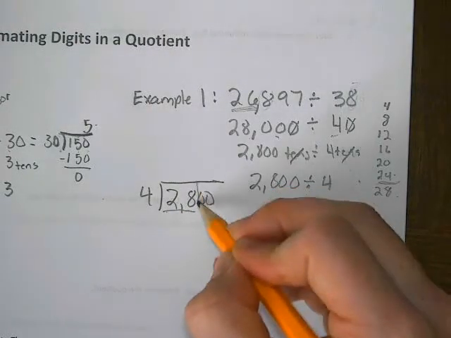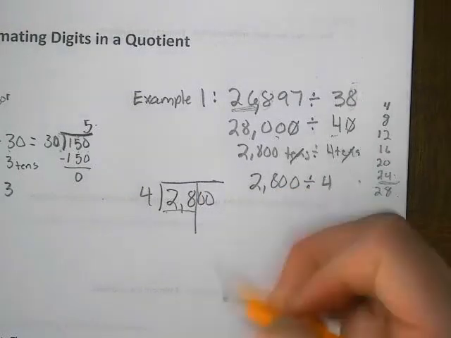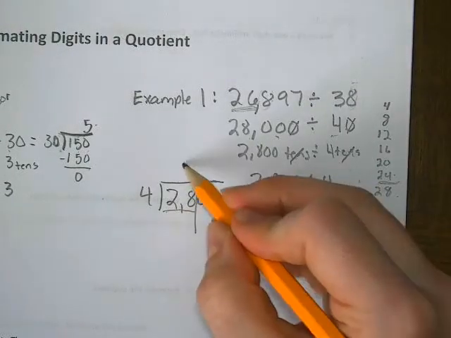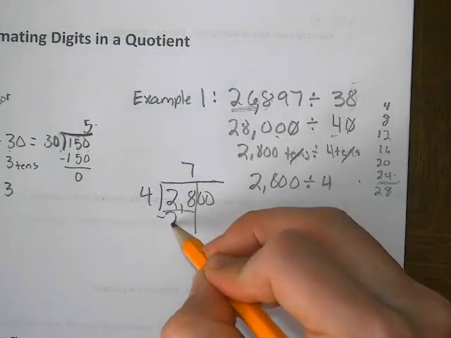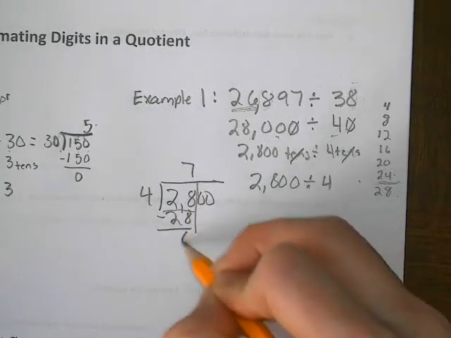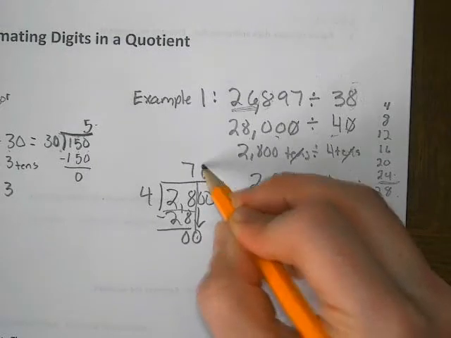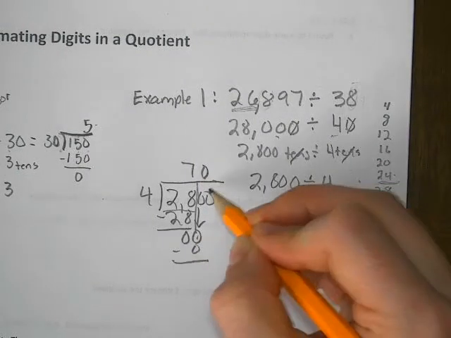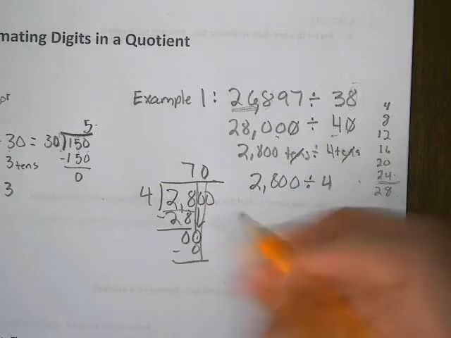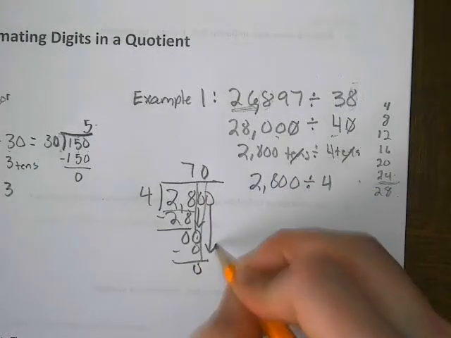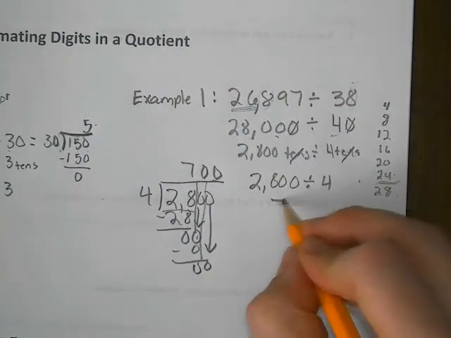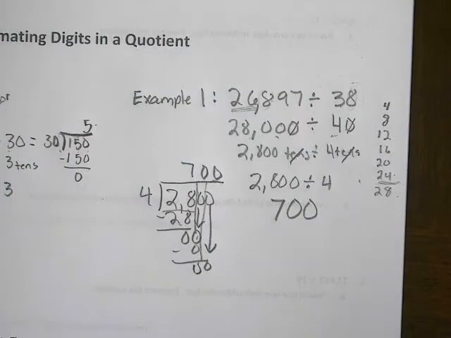I'm going to draw my line to make sure my answers are lined up. 28 divided by 4 is 7. I'm going to subtract 28. I get 0, bring down my 0. That's my 0 goes there. Keeping my numbers in line. And then that's my 0 there. And so then my estimated answer is 700.